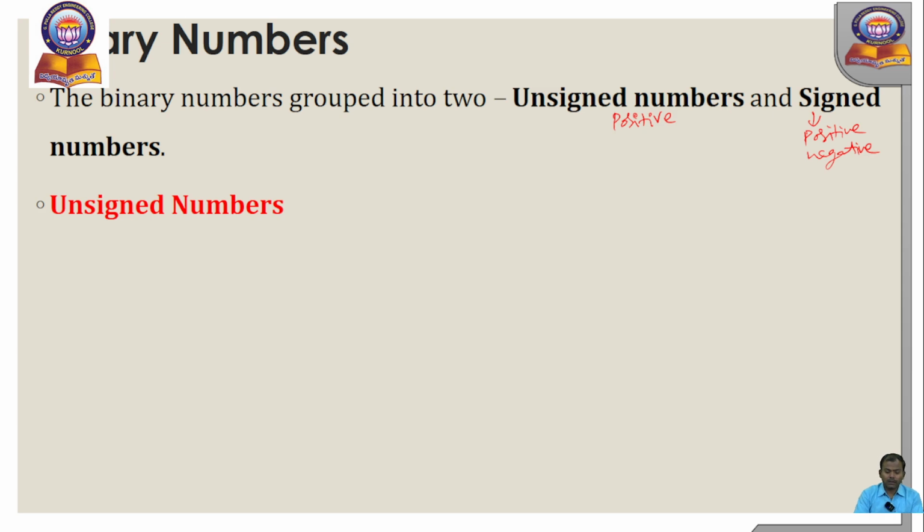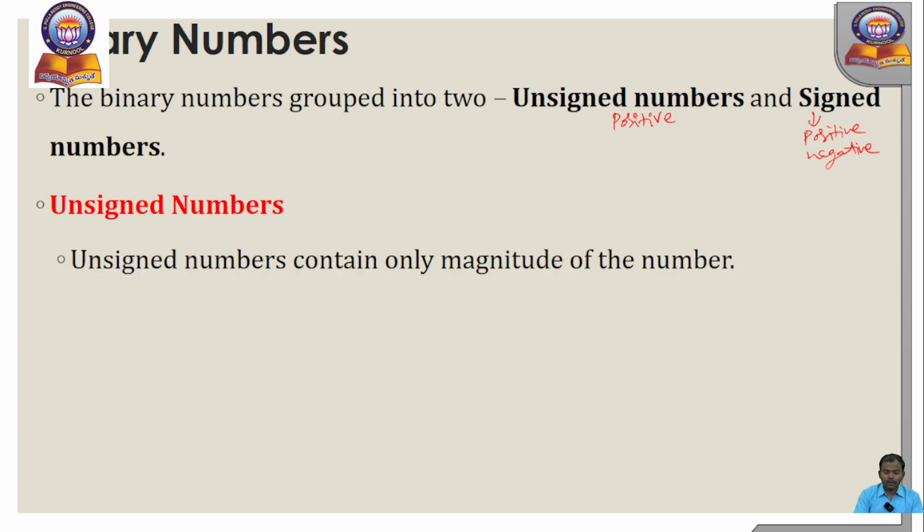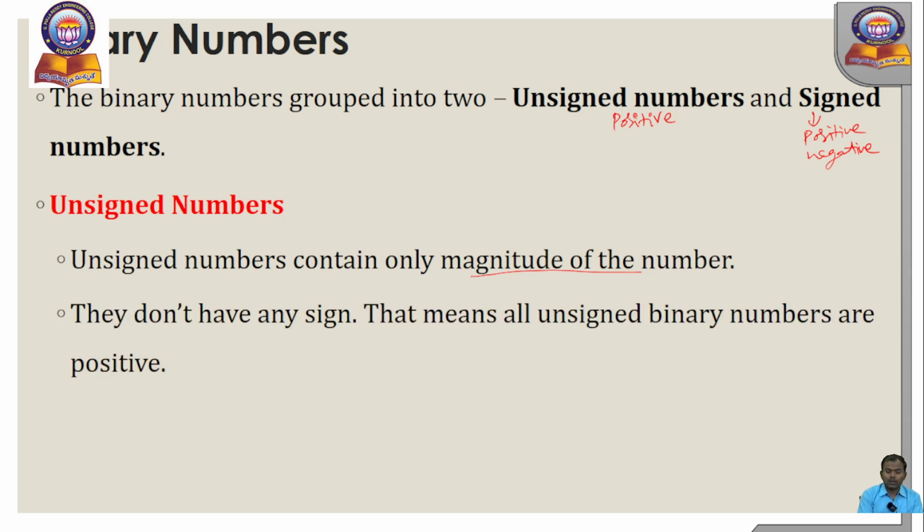If I consider the unsigned numbers, they contain only the magnitude of the number. Because all the numbers are positive, there is no inclusion of the sign of that number. So all unsigned binary numbers are positive.